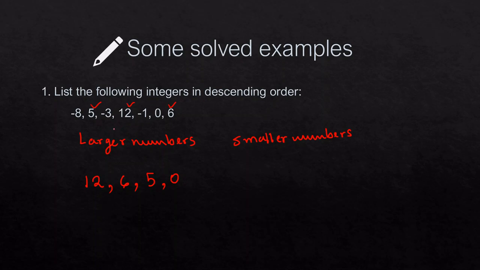So which one will be smaller? -3 will be smaller and -1 will be bigger. So -1, -3, and in the same process -3 is bigger than -8. So this is the answer to the problem.